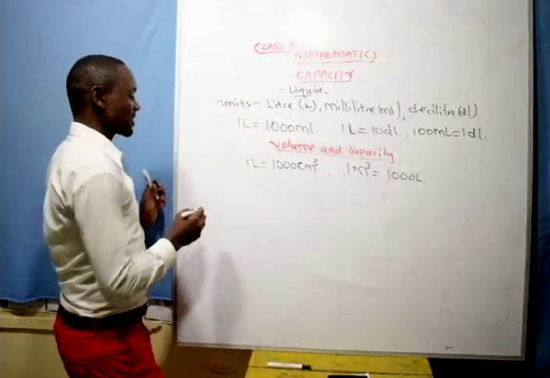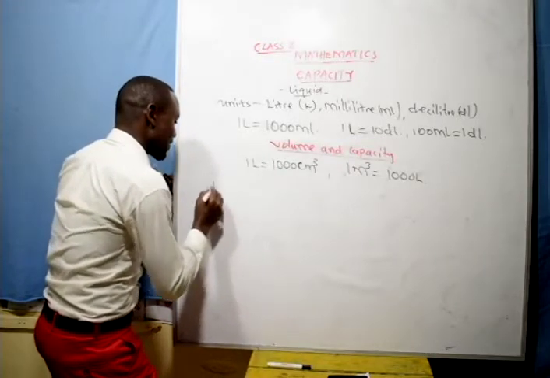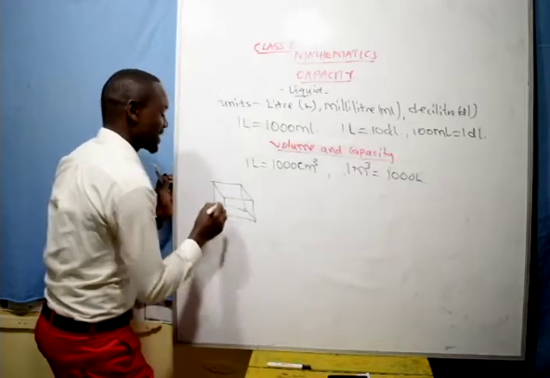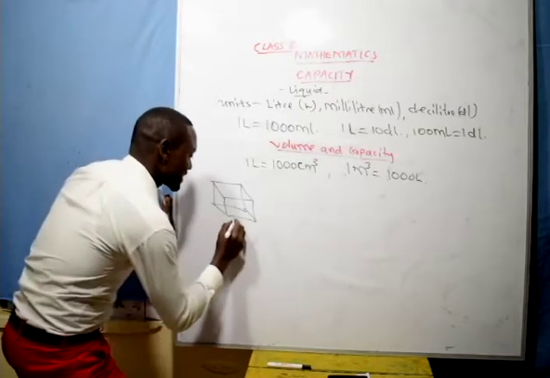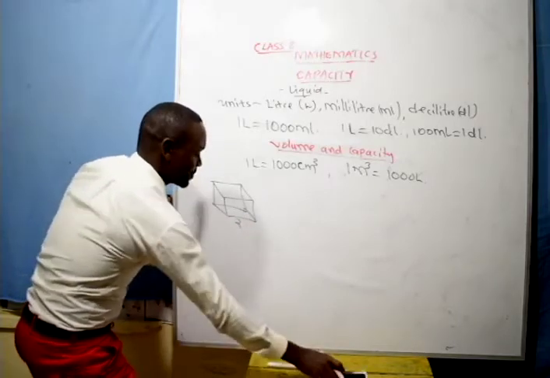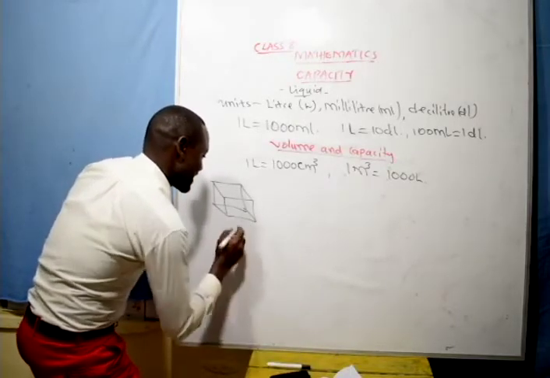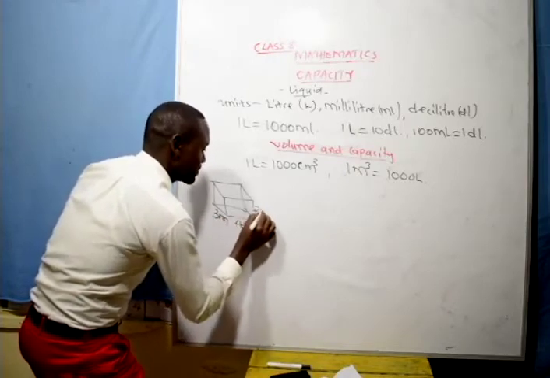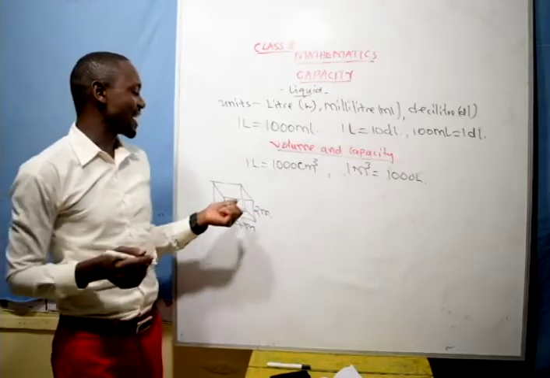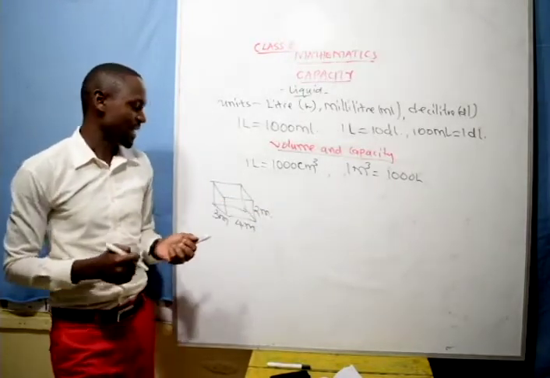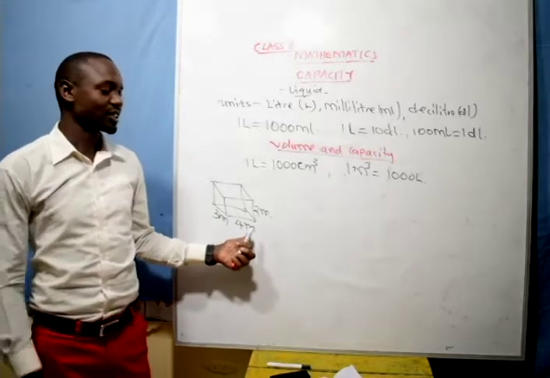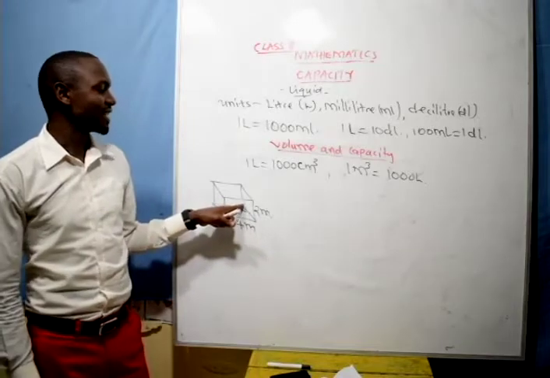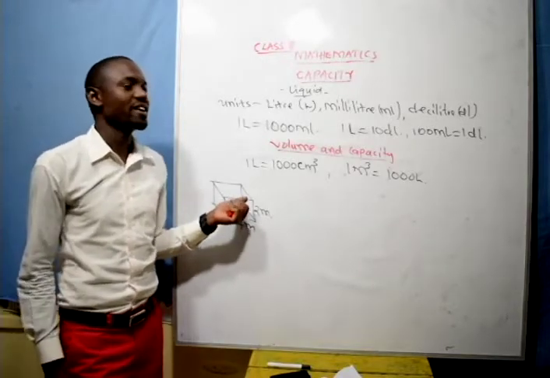A rectangular water container measures 4 meters long by 3 meters wide by 2 meters high. How much water in liters will this container hold when full?